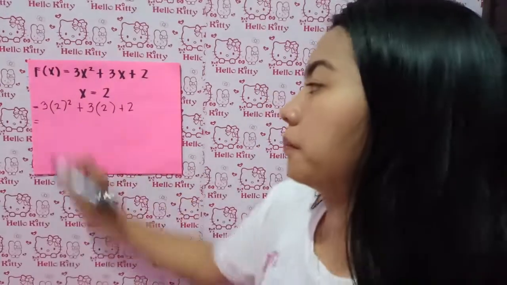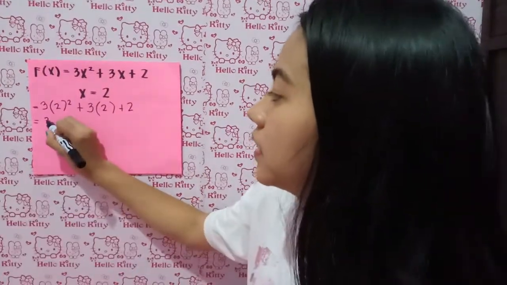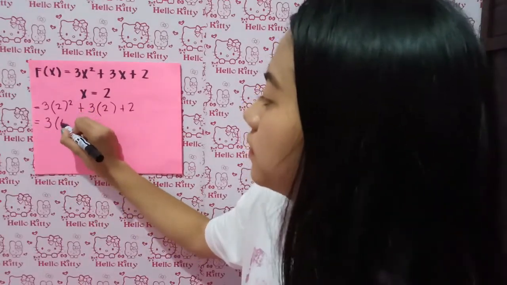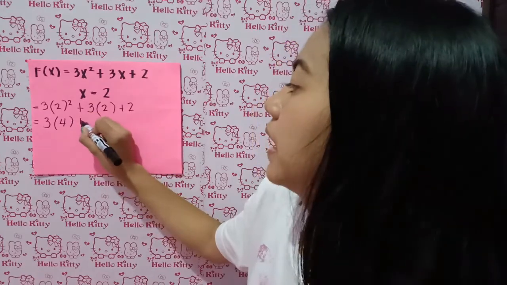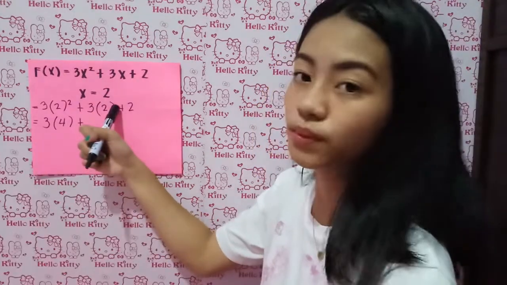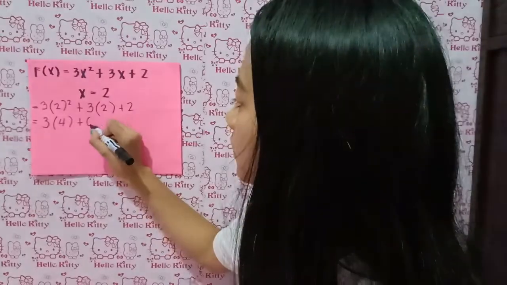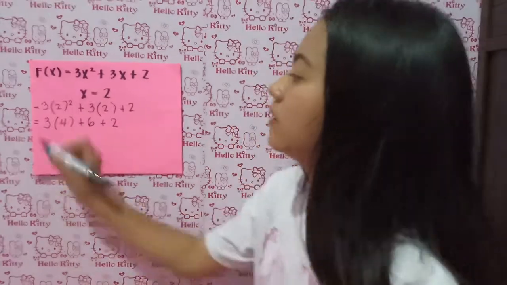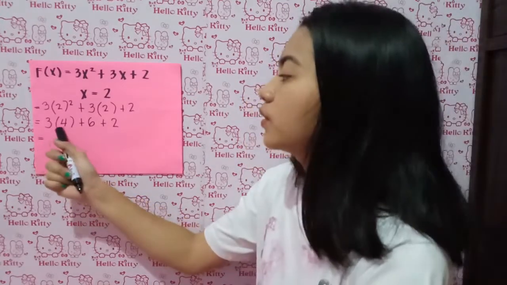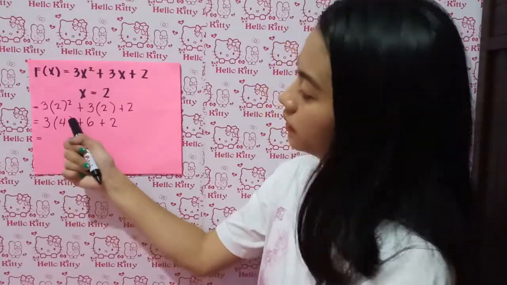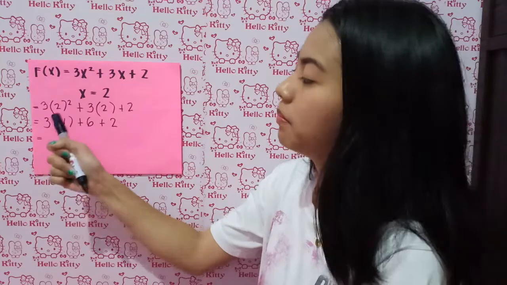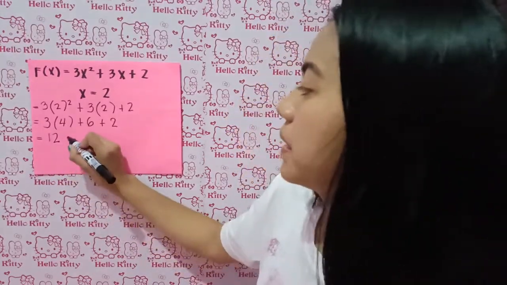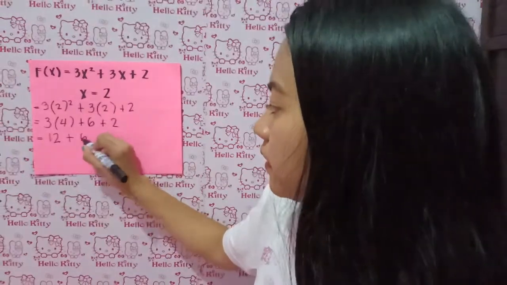Then perform. Bring down the 3, and 2 squared is 4, plus 3 times 2 is 6, plus 2. And in order to remove the parentheses here, we have to multiply 3 by 4, which is 12, plus 6 and 2.